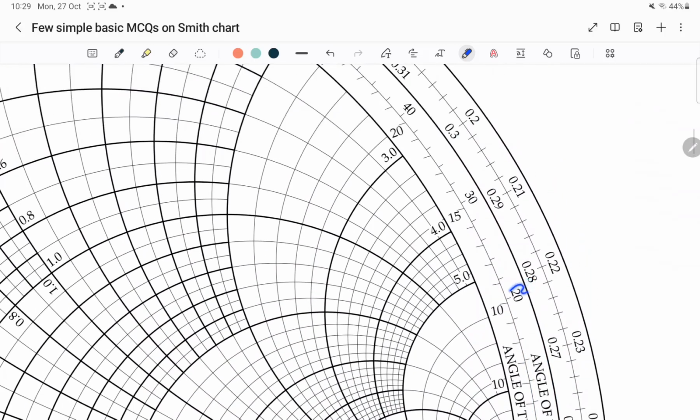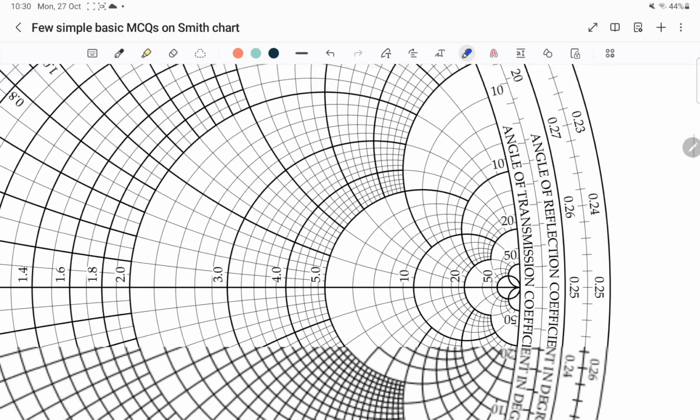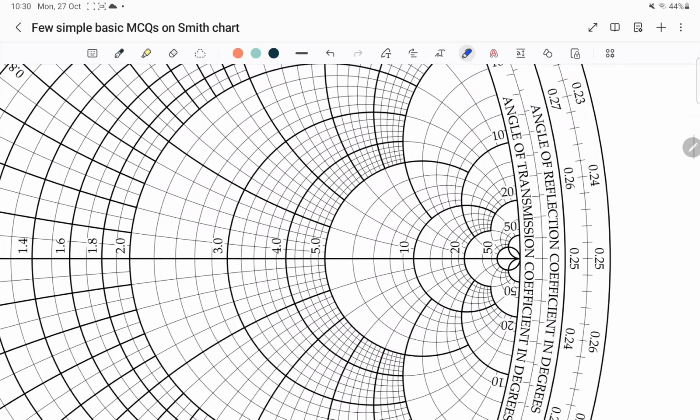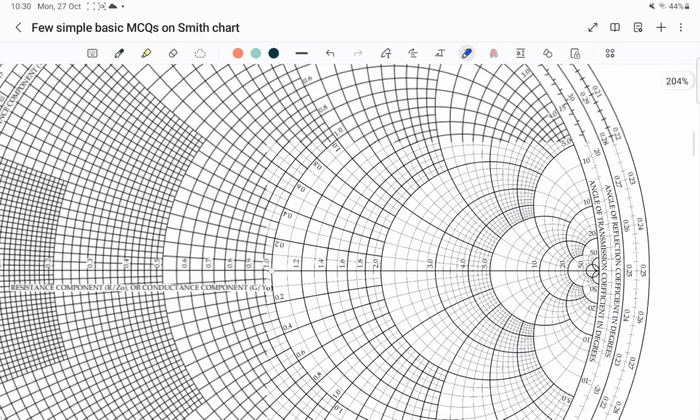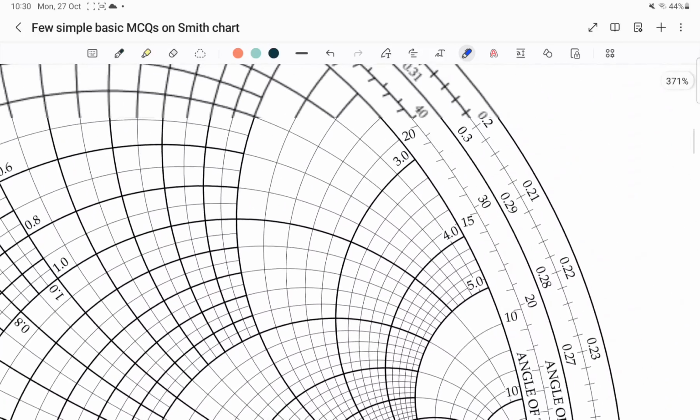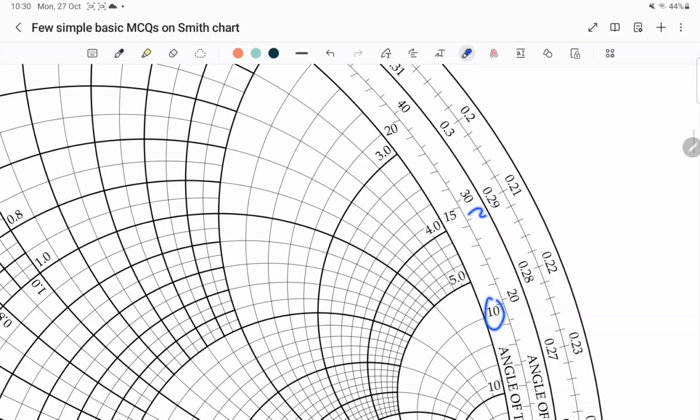These values, the third set of measurement scale, 20, 30, 40, etc., represent the angle of reflection coefficient in degrees. Similarly, angle of transmission coefficient in degrees is the 4th measurement scale given in the Smith chart, which are these values 10, 15, 20, etc.